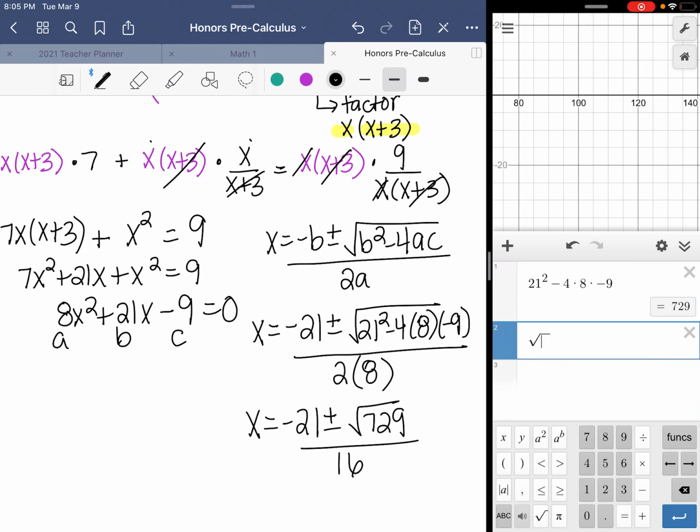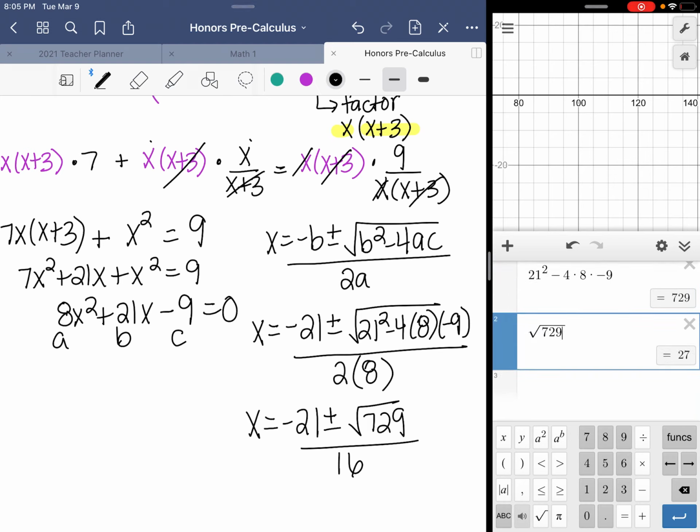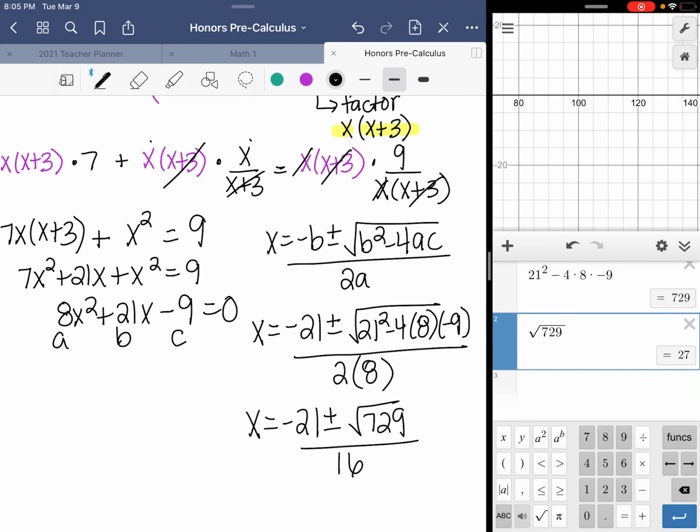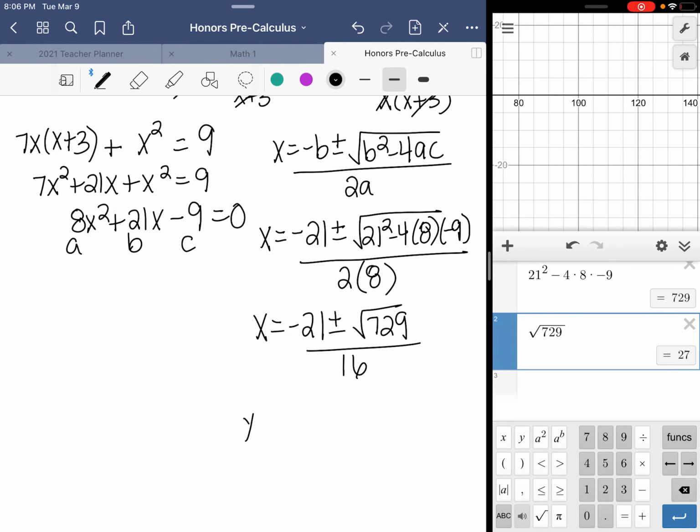Now, 729, I believe, is a perfect square. And it is, so I went ahead and checked that. And I have confirmed that with that perfect square, we have negative 21. So x equals negative 21 plus or minus 27 over 16.